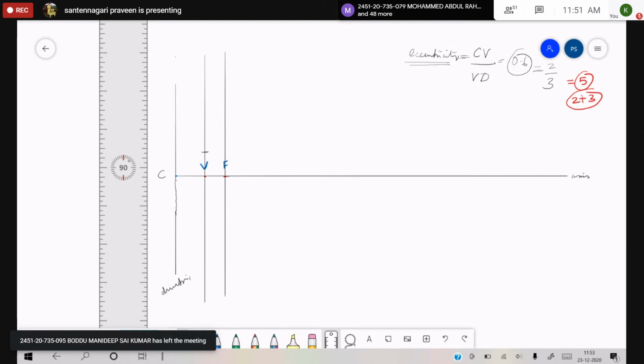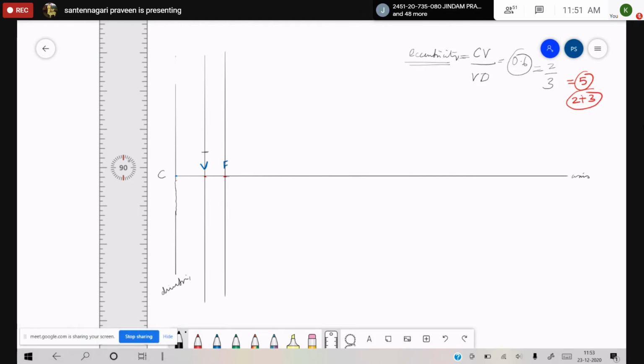Do you understand? This point is E, such that VF is equal to VE.